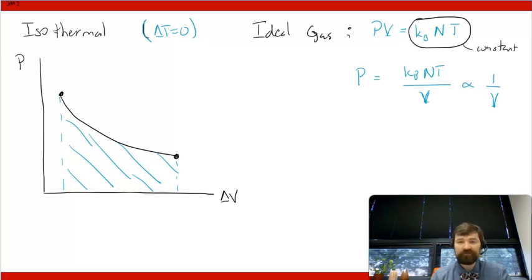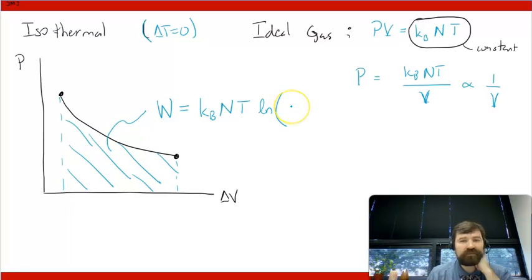Basically, we expect the area to look like a natural log of the difference in volume. Put differently, the work done by the gas in this system should look like K sub B times N times T times the natural log of the ratio of the two volumes, so final divided by initial volume.